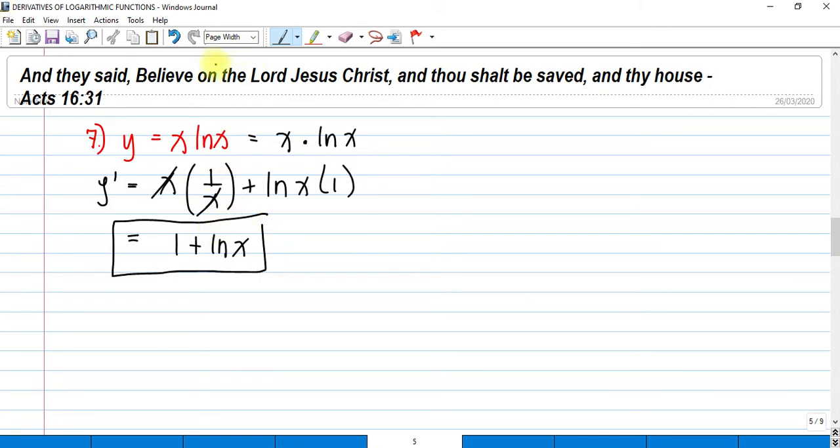Okay? So how about number 8? Number 8 is y equals x squared times the logarithm of 3 minus 2x with base 2. Okay, so again, we have a product rule here.